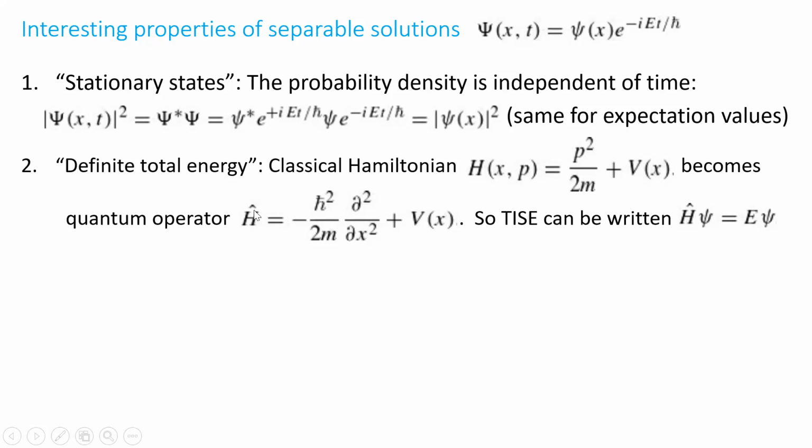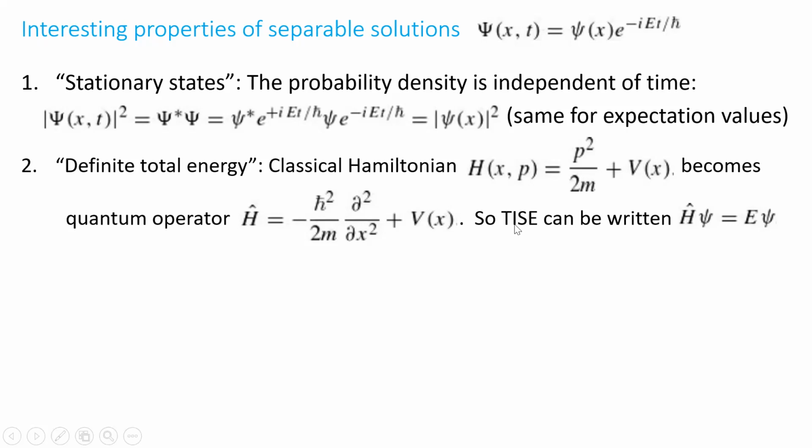Putting in the momentum operator, p equals minus i h bar d/dx, we get minus h bar squared over 2m times the second partial derivative with respect to x, plus V of x. So this is the quantum Hamiltonian operator, or energy operator.